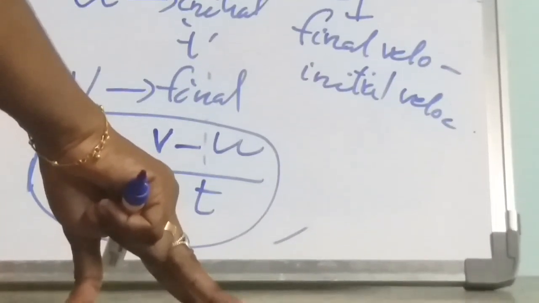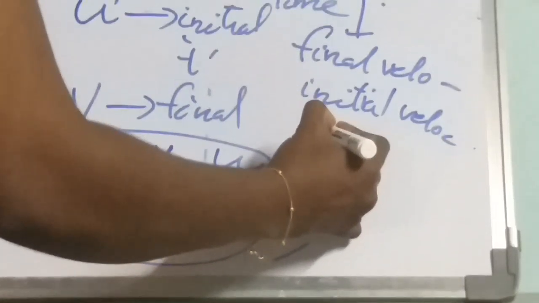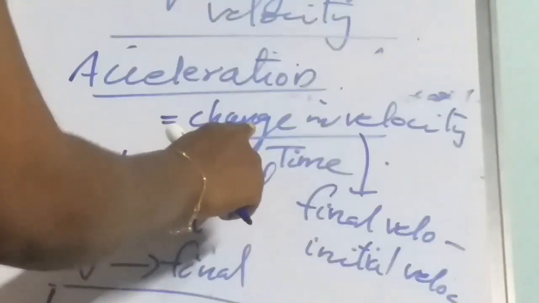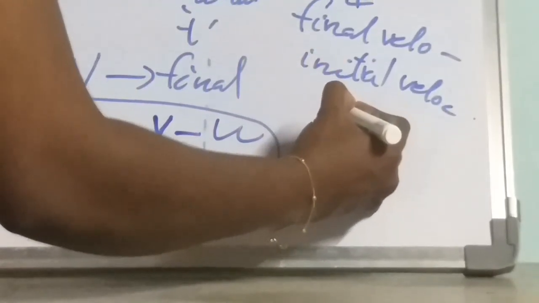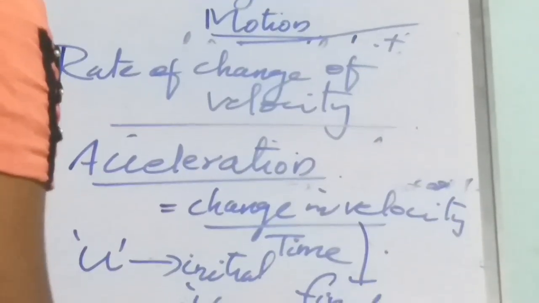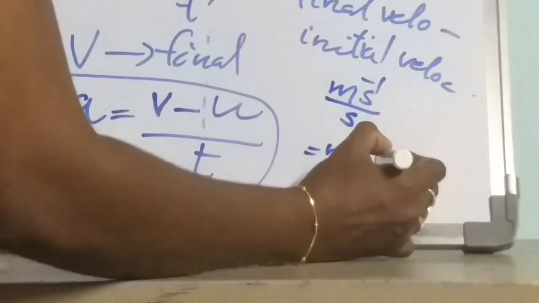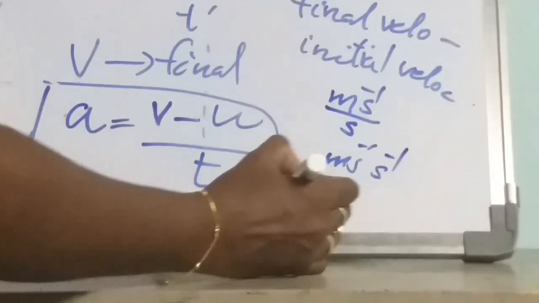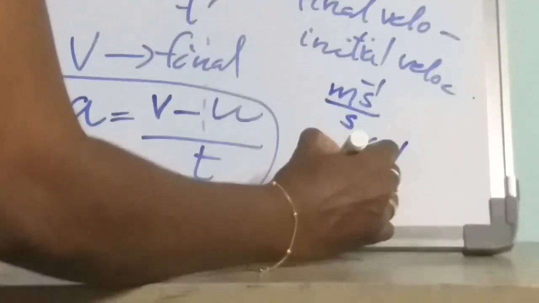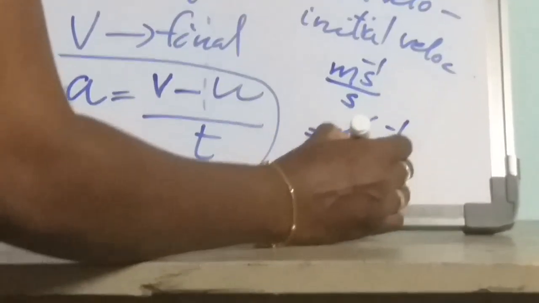Then what is the unit of acceleration? Acceleration is the ratio of change in velocity by time. You already know the unit of velocity is meter second raised to minus 1, divided by time, second. When the second goes up, it becomes second raised to minus 1, so meter second raised to minus 1 becomes meter second raised to minus 2.